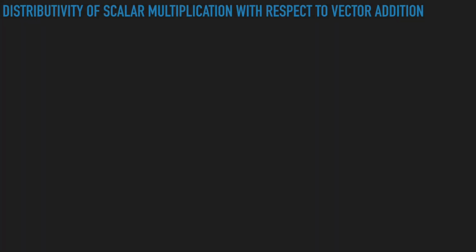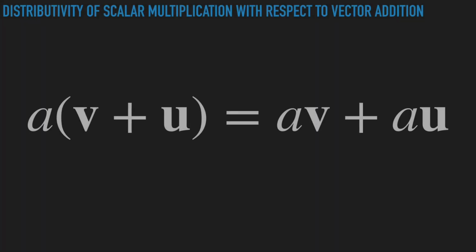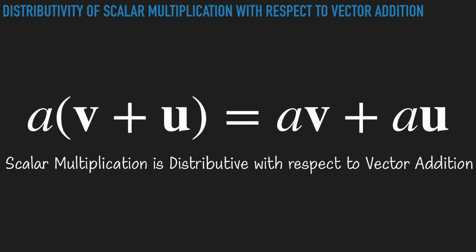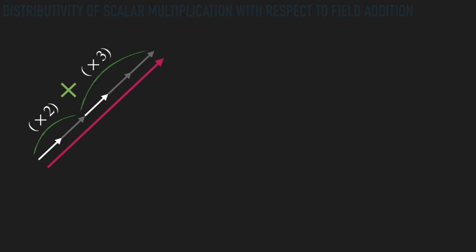This is called the distributivity of scalar multiplication over vector addition. Analogous to this is that adding twice of the vector to thrice of it is the same as scaling the original vector by 5.